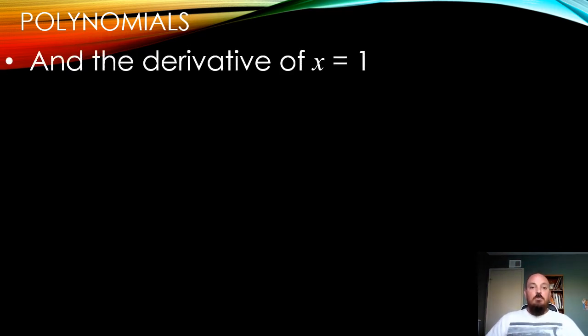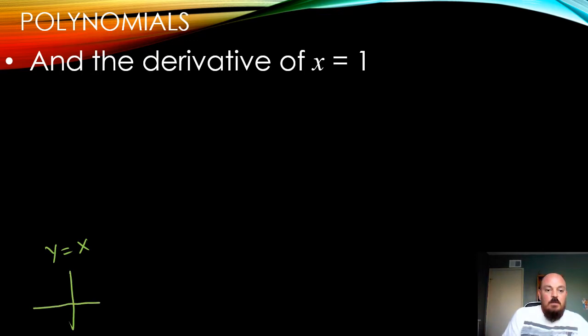So let's move up one level to a linear function. Now the derivative of x equals 1. And in fact, if my equation was y equals x and I graphed it, the line y equals x is that perfect diagonal line right there.